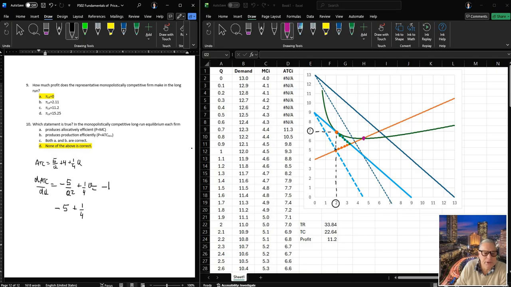So then we get -5, and then times q squared, that cancels out, plus 1/4. Oh no, I didn't forget the q. Hold on. Plus 1/4 equals, and I multiplied it times q, sorry.